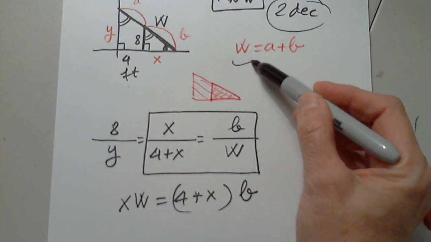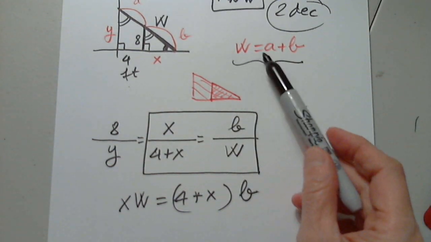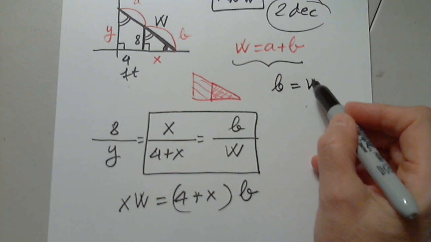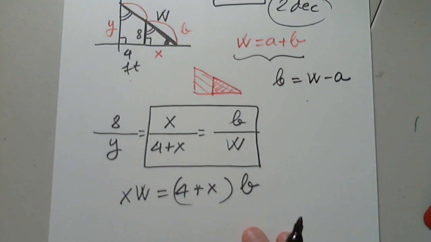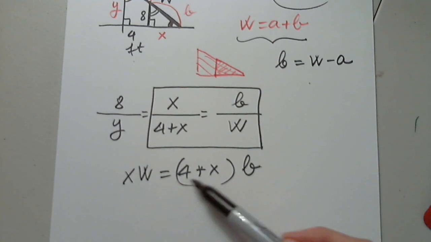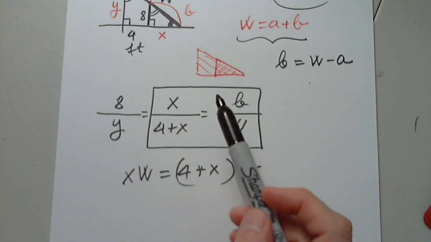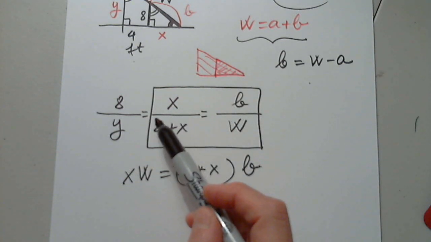I know from here that b is w minus a, but I didn't accomplish anything because I still have to get rid of a. Okay, let's see.